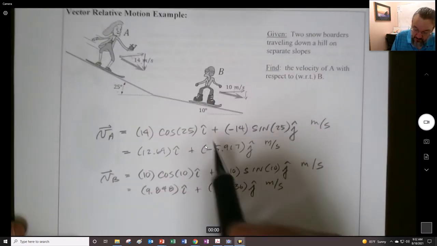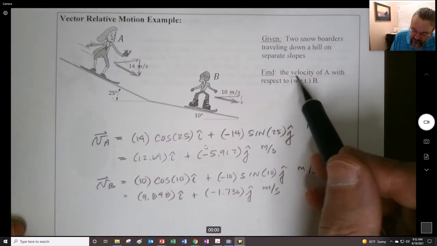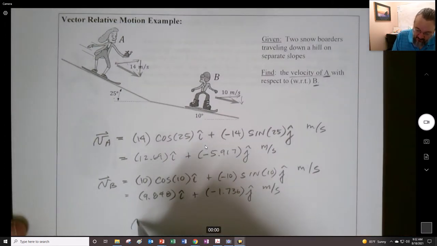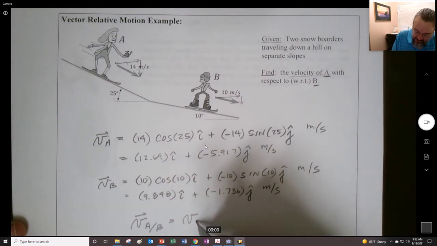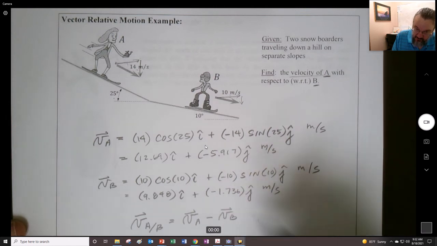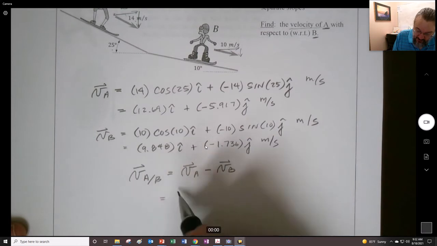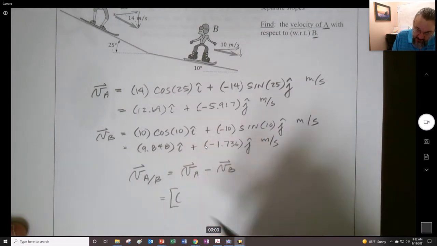So what we're trying to find is the velocity of A with respect to B, which means we have to take the velocity of A and subtract out the velocity of B, right? Let me just write it out longways here.